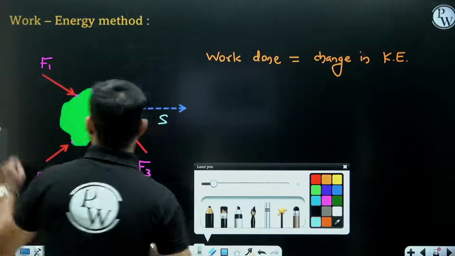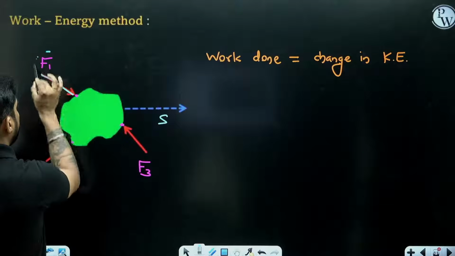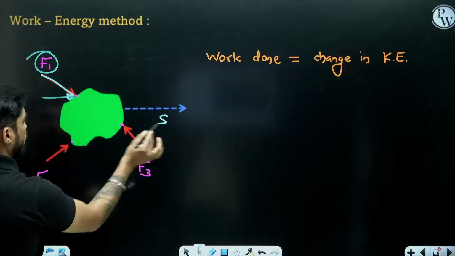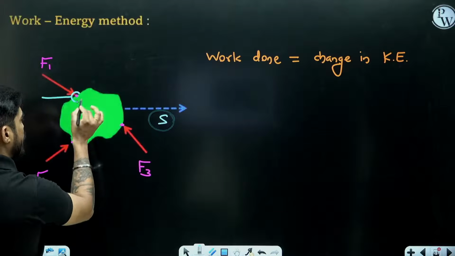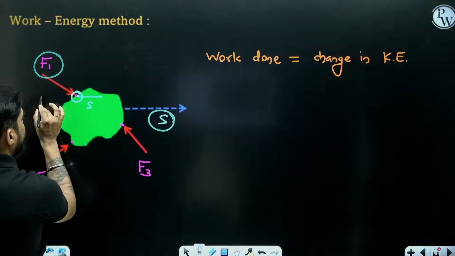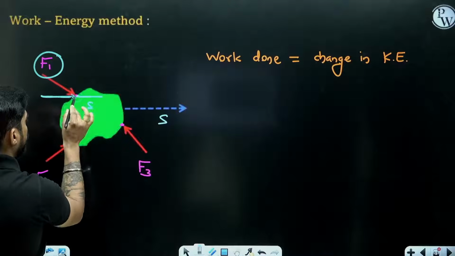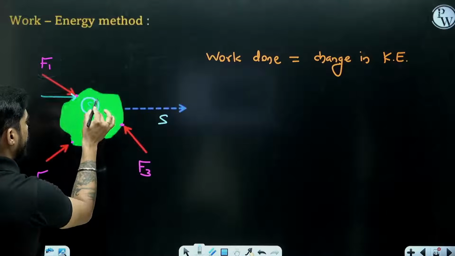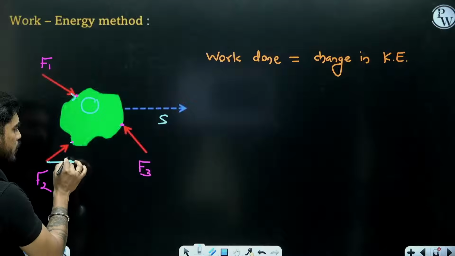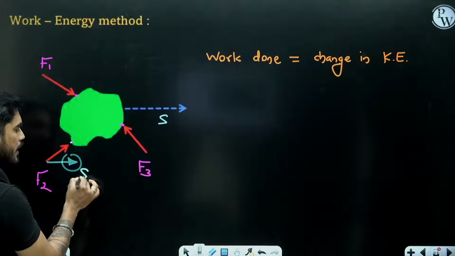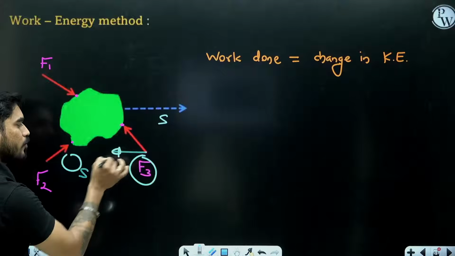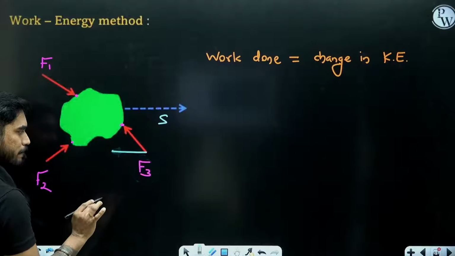Understand. Work done due to F1 will be the horizontal component of F1 multiplied by s, because this particle will have a displacement s. Similarly, work done due to F2 will be the horizontal component of F2 multiplied by s. Similarly, work done due to F3 will also be the horizontal component of F3 multiplied by s.